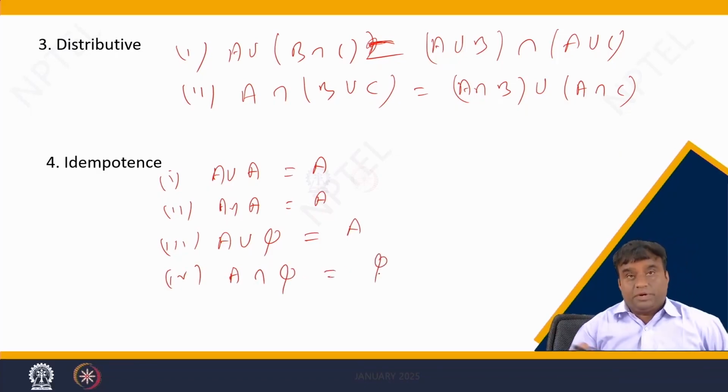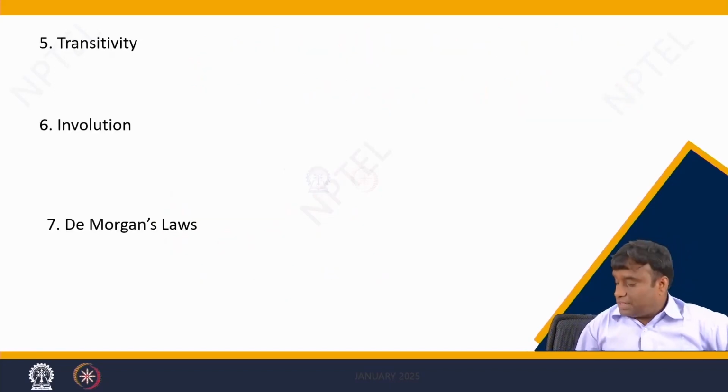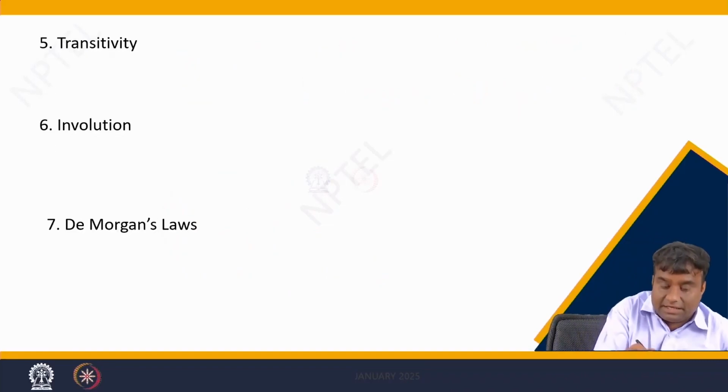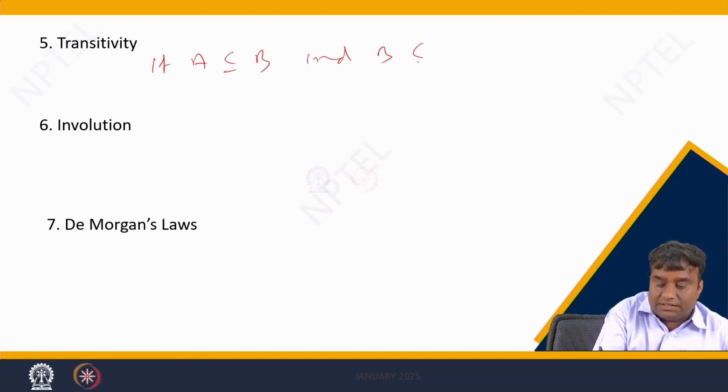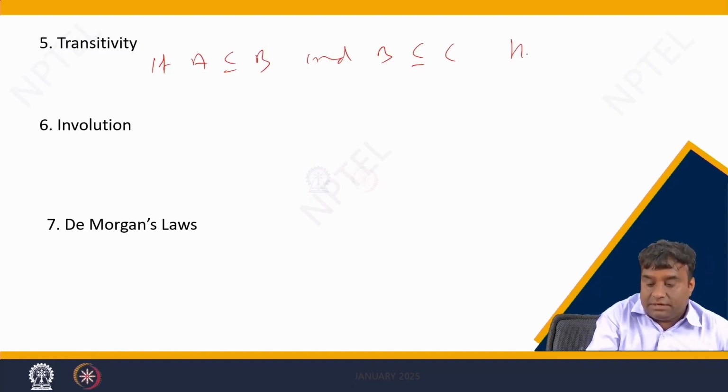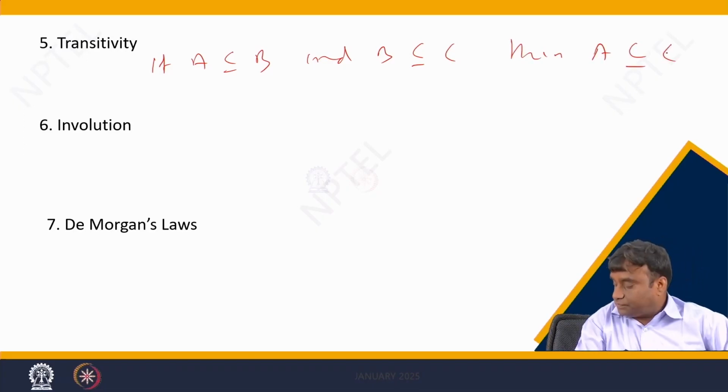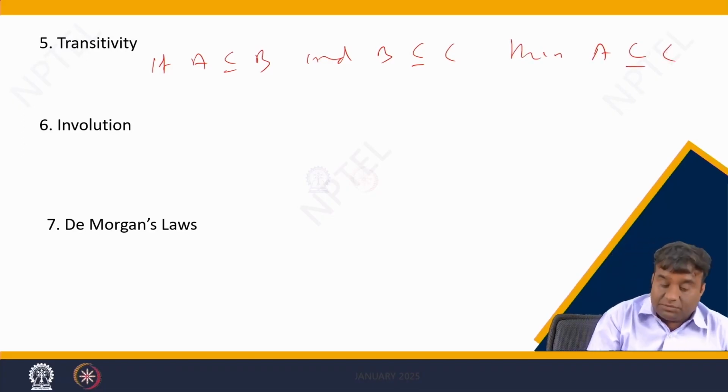So this is also known as the idempotence property. Now transitivity: if A is a subset of B and B is a subset of C, then A is also a subset of C. Then the next is involution: the complement of the complement of A gives A.